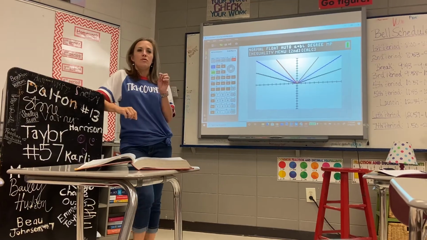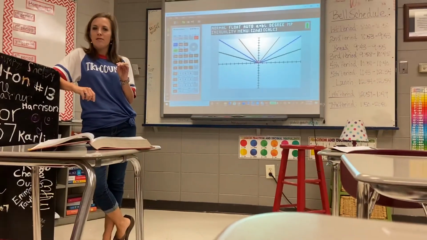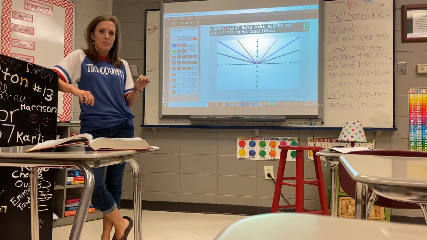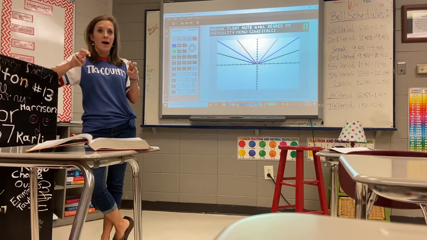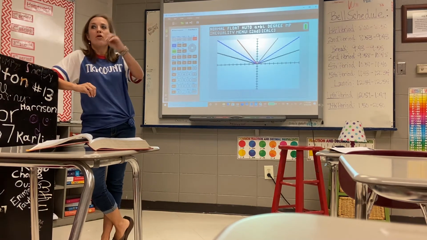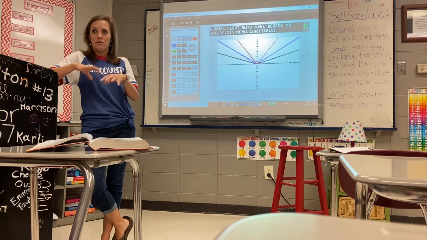Okay. If you multiply, all right, let's think about this for a second. If you add or subtract on the outside, what happens? A vertical translation, right? If you multiply by something outside, then you're either going to expand or compress vertically. So if you're outside of the function, something vertical is happening.